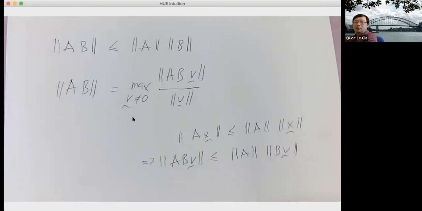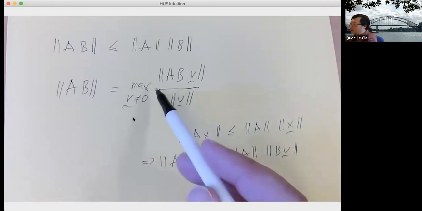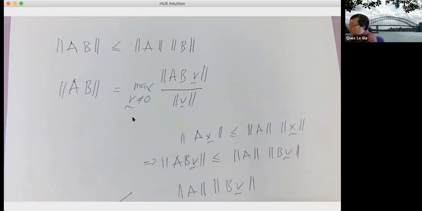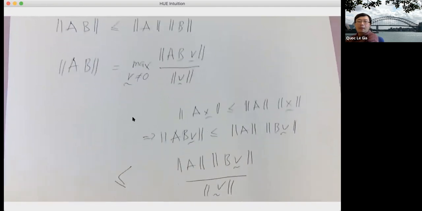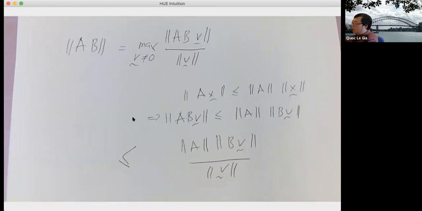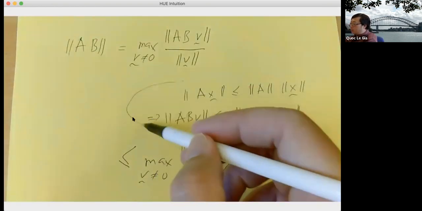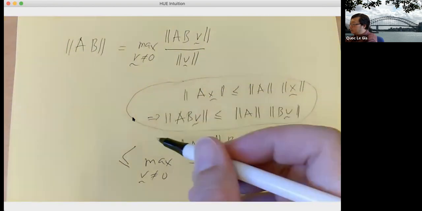Okay. So now I put it in right here. So it is less than or equal to the norm of A times the norm of BV over the norm of V, less than or equal to the max over V not equal to 0. Okay, so this one is the reason, yeah.